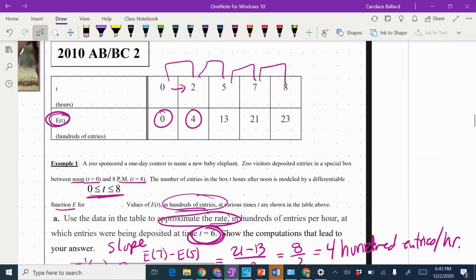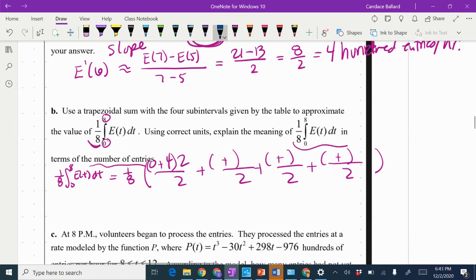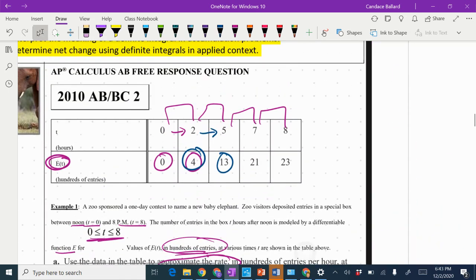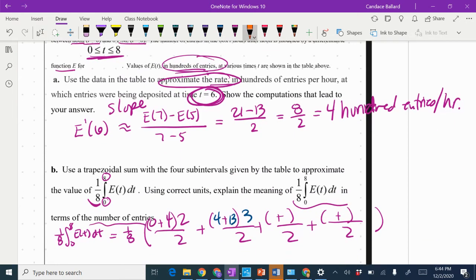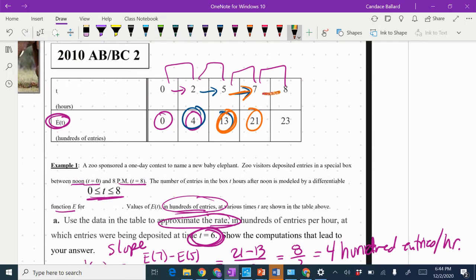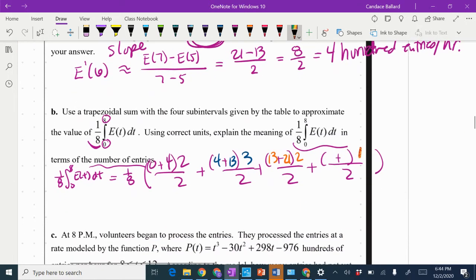My next distance in between is 3, and my heights are 4 and 13. My next distance in between is 2, and my heights are 13 and 21. And then my final distance in between is 1, and my heights are 21 and 23.